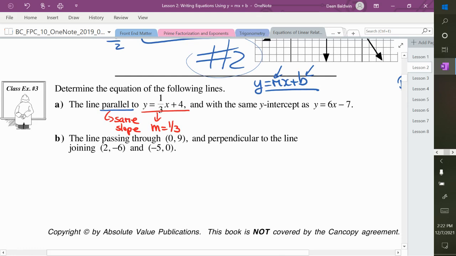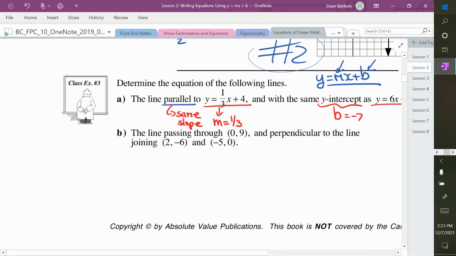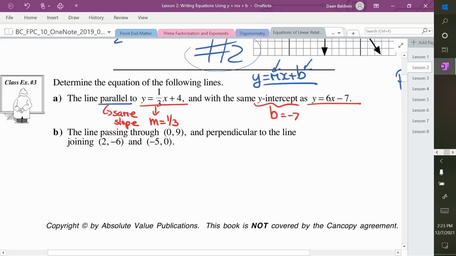So if the slope is 1/3, we've got one piece of information. The second part is it has the same y-intercept. If I say y-intercept, what letter am I talking about? B. What's the y-intercept of that equation? -7. So now I know m, I know b. What do I do with those pieces of information?